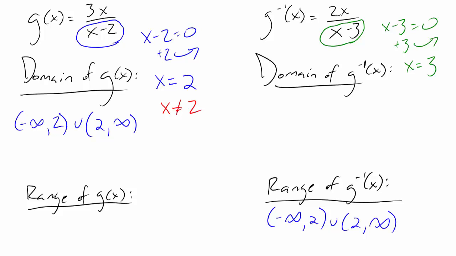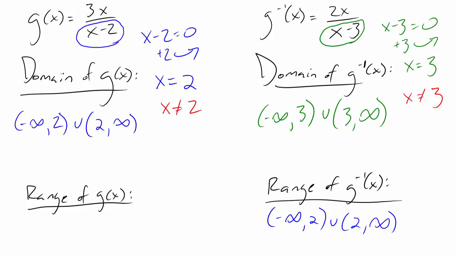So that means x should not be equal to positive 3, but everything else is okay. So we'll be able to go from negative infinity to positive 3, union positive 3 to infinity. Again, we'll have parentheses around both instances of the positive 3 to omit it from the domain of g inverse.